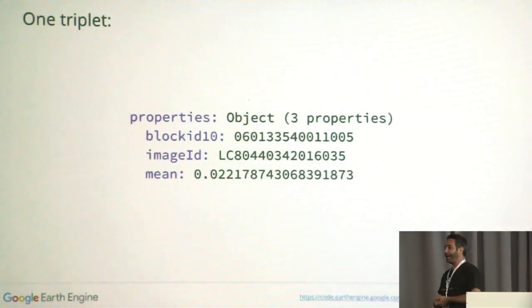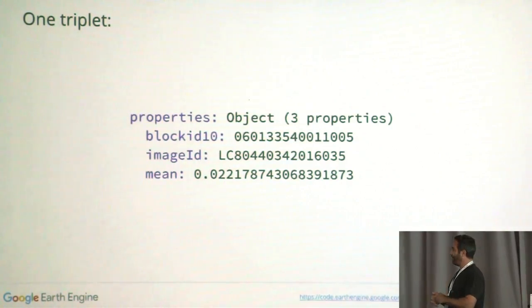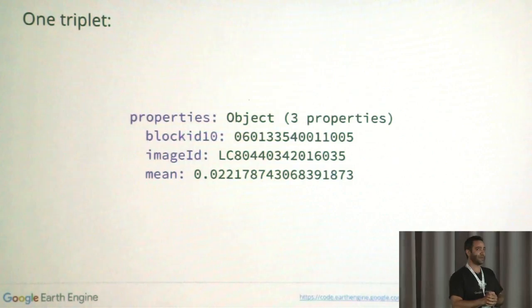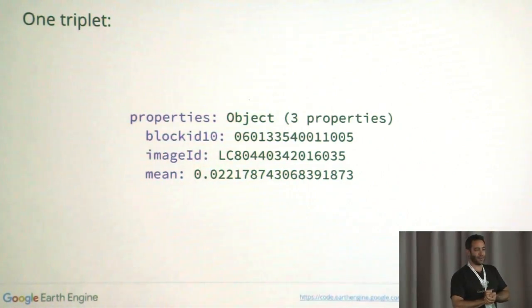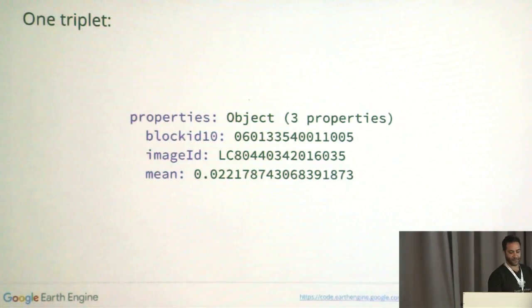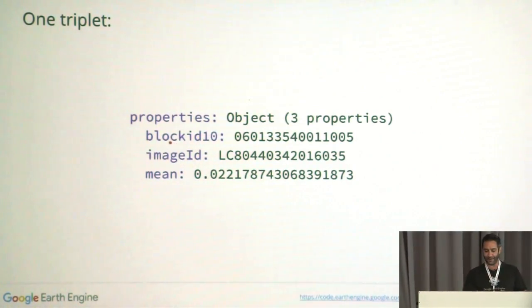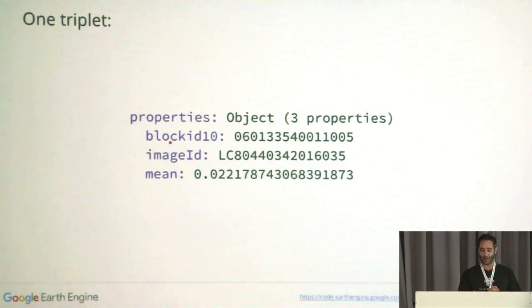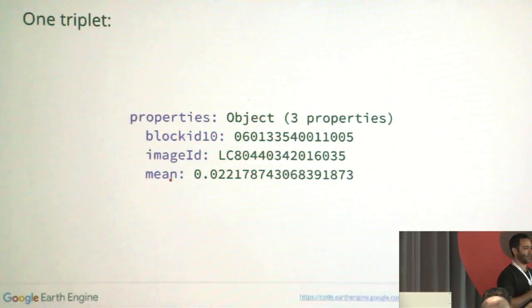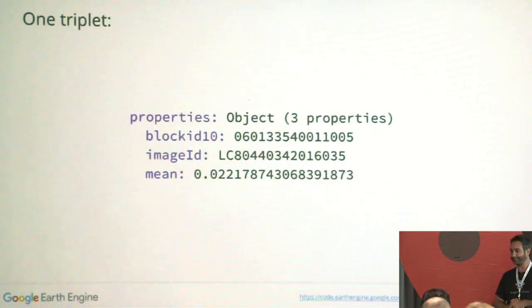This is what a single feature looks like that comes out of this process. It's, as I mentioned previously, a triplet. And what we have in this triplet is the ID of the census block, the ID of the image, and the mean, or the output of the reducer, which is the mean of band 1 pixels inside that region.